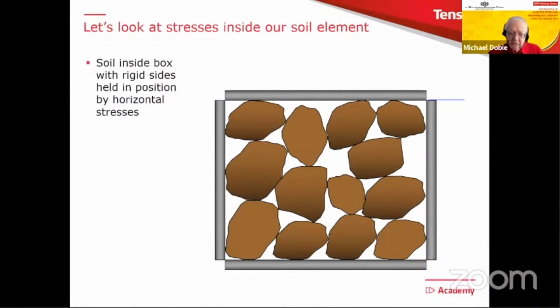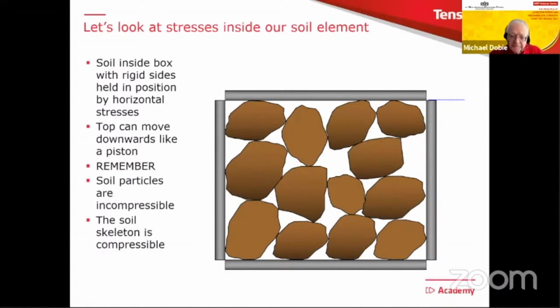The way we're going to do this little exercise is that this box has got rigid sides, but the sides on the edges, the horizontal ones, are held there by horizontal stress. But the top and bottom is like a piston. So the top of the box can move up and down like a piston.